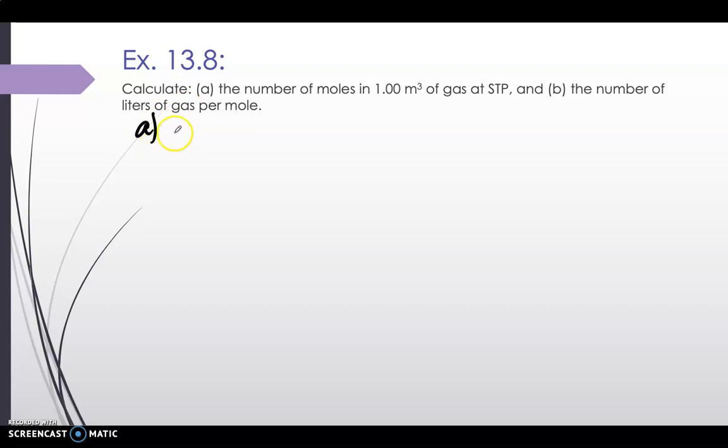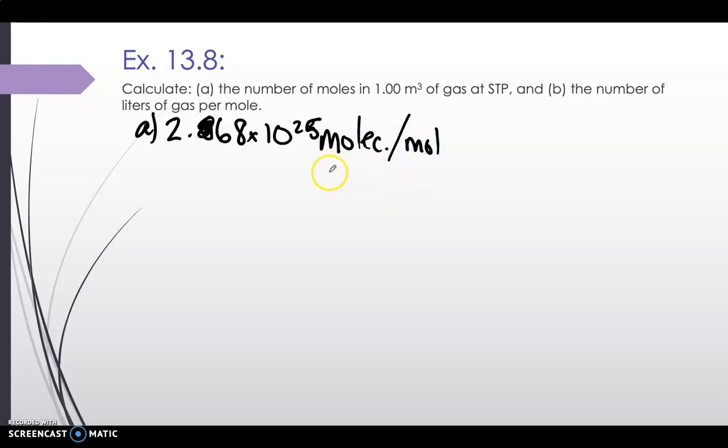We said that in 1 meter cubed of gas at standard temperature and pressure there were 2.68 times 10 to the 25th molecules. I'm sorry, not per mole. Molecules in 1 meter cubed.